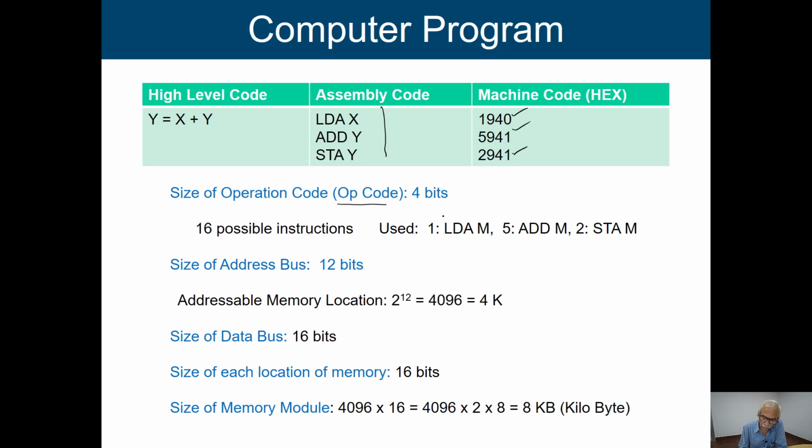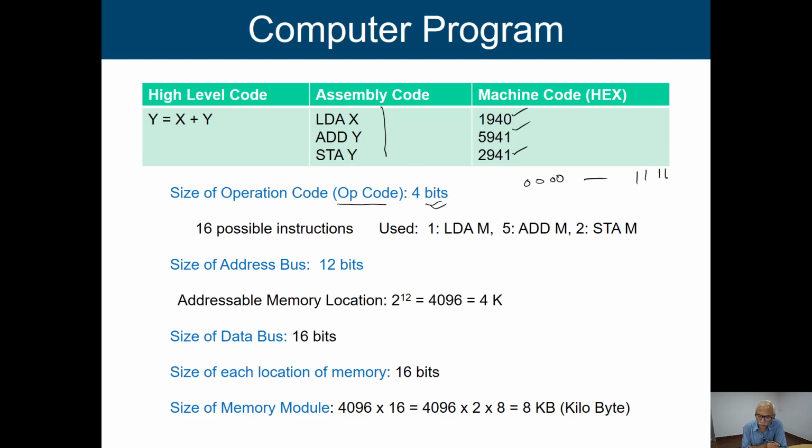So for the opcode we have 4 bits. Now if we are using 4 bits, that means we have a total of 16 possible combinations from all 0 to all 1. These are the 16 different combinations.